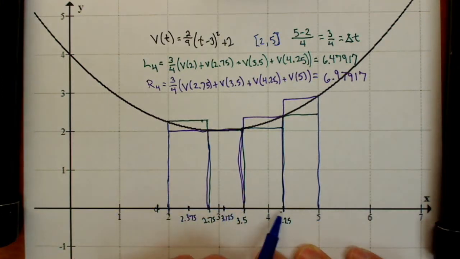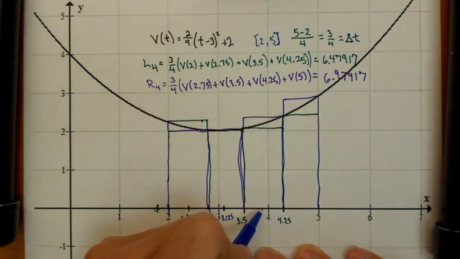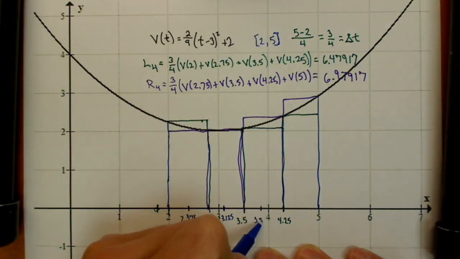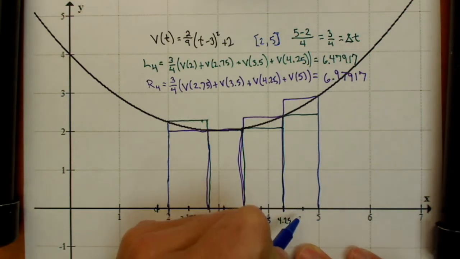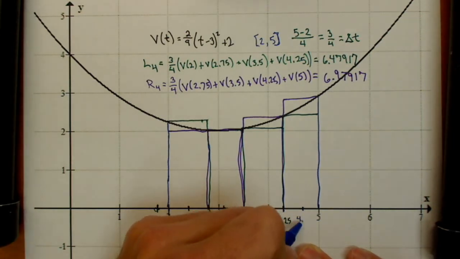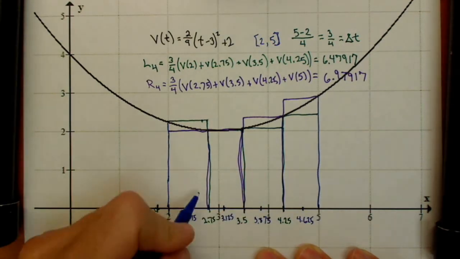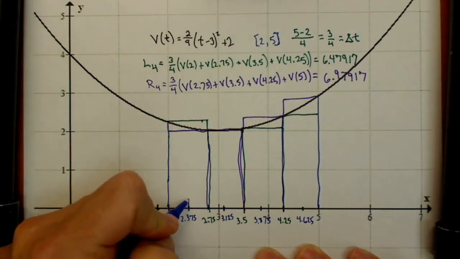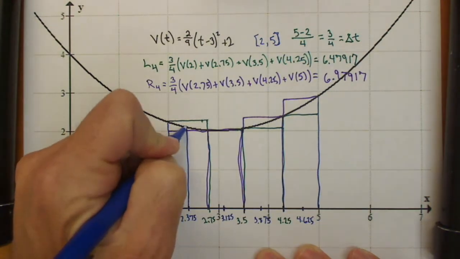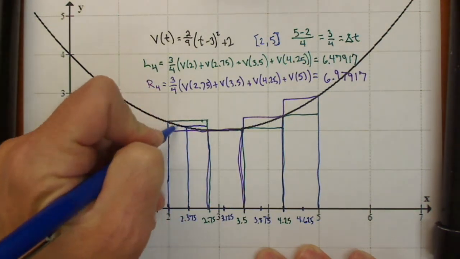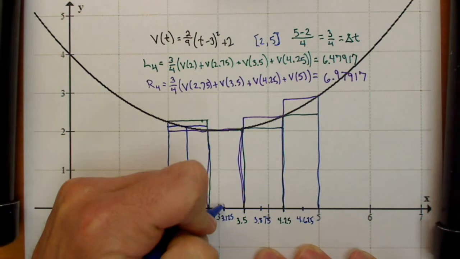From 3, I need to cut this interval in half, which happens at about 3.875. And finally, I need to cut this interval in half, which happens at about 4.625. That's what I'm going to use for my rectangle heights. Hopefully this drawing isn't getting too convoluted, and you can see the rectangle there in the blue.